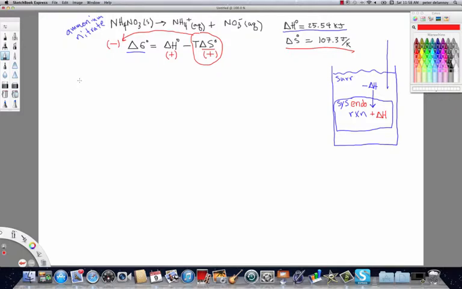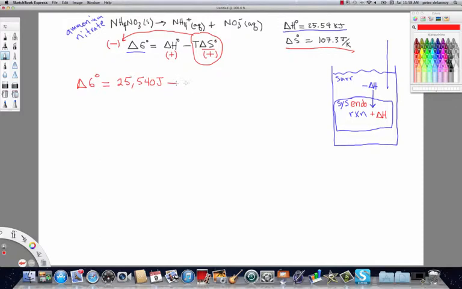So let's go ahead and actually do the calculation. So delta G naught is going to be equal to, now you need to pay attention when you run a calculation like this to make sure that everything's in the same units. So I'm going to change my delta H into joules. So it's going to be a positive 25,540 joules.